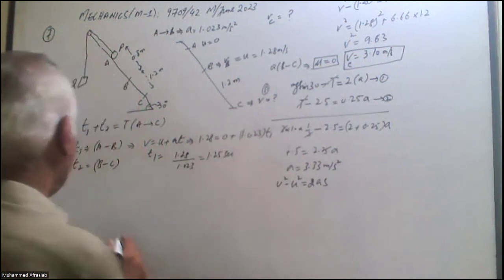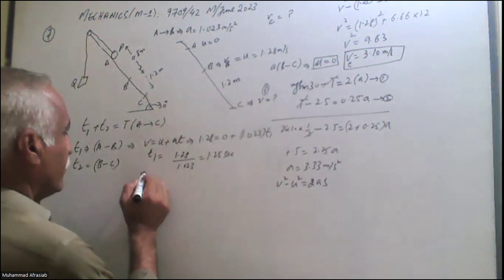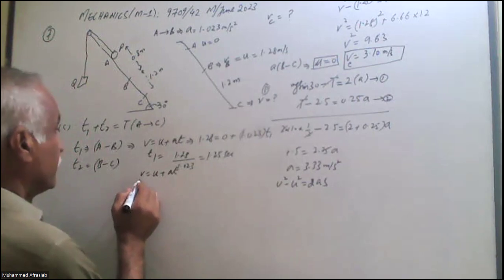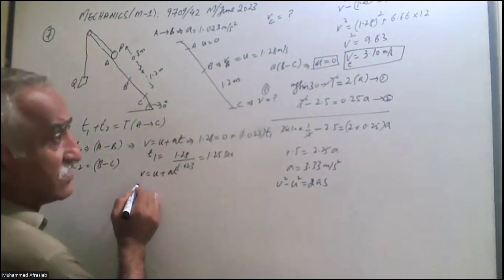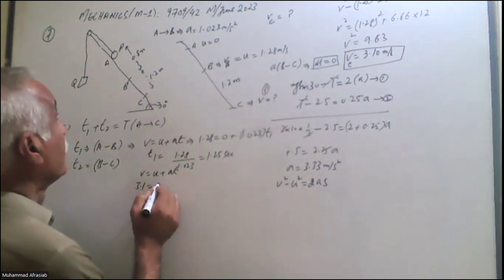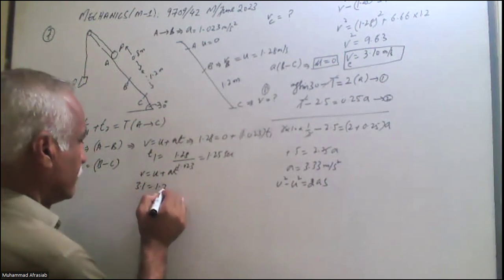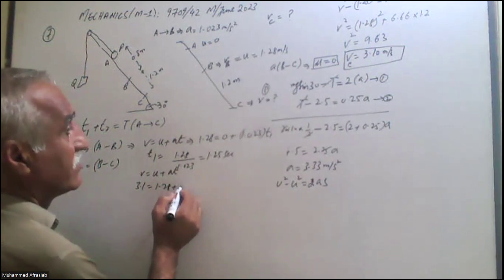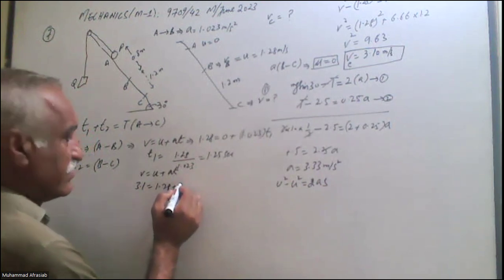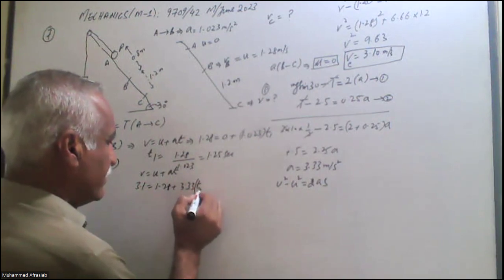Then from B to C, again we can use the same equation of motion, v is equal to u plus at, where v is the final velocity at C, which we calculated as 3.1. u is 1.28 plus the acceleration for that particle, 3.33, into time T2.